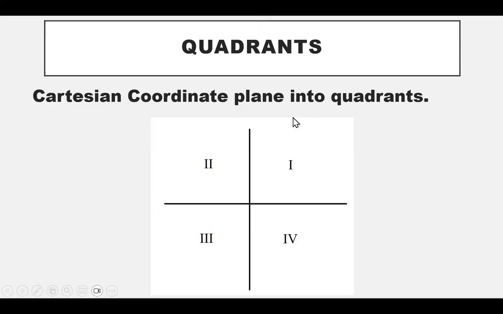Now, I kind of hinted at this earlier, but our Cartesian coordinate plane can be broken into quadrants. And when we do a full rotation, we start on the x-axis and we rotate through quadrant 1, 2, 3, and 4 and get back to our starting value.